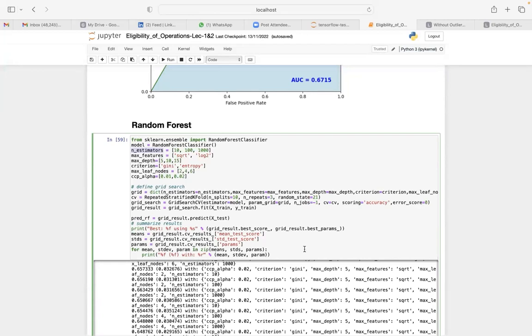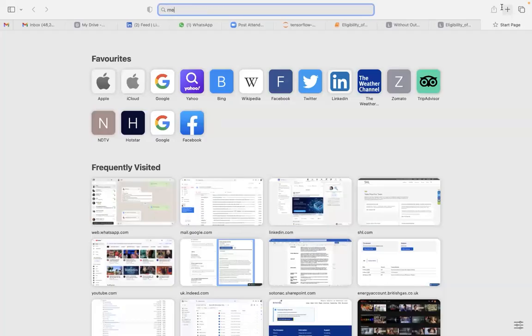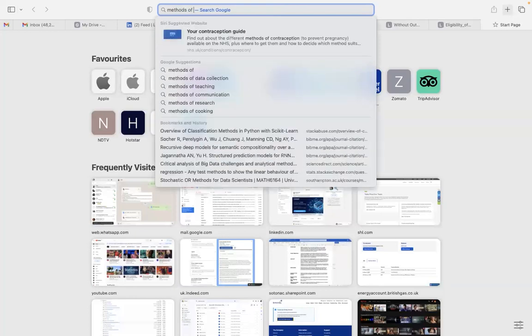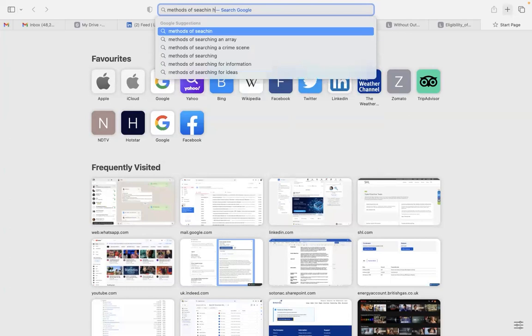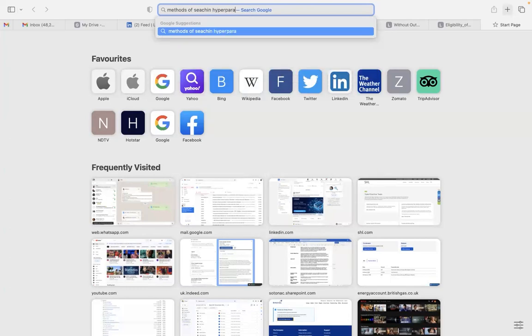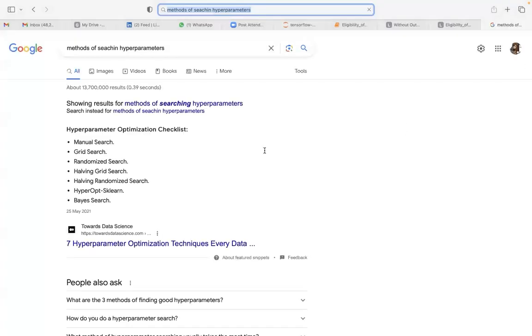There is a third method, which is called... sorry, I forgot. I had to check. It's called binomial something method. Searching... yeah, Bayes search.